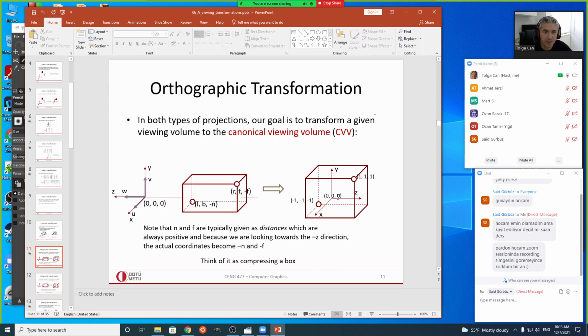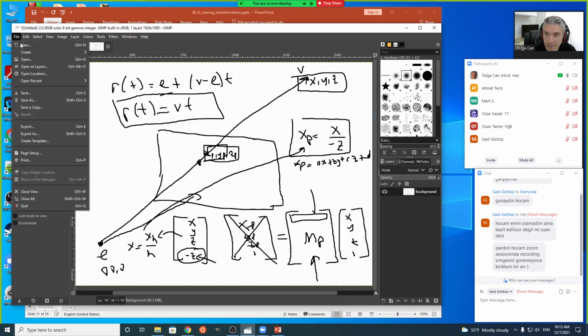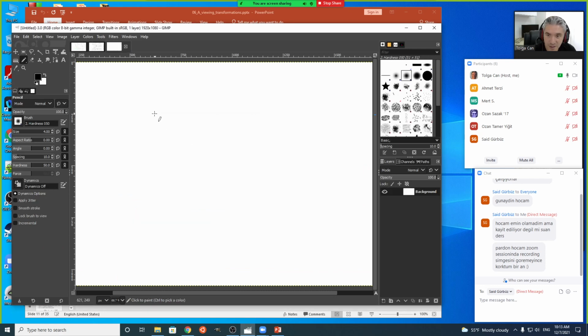So what are we going to do in this orthographic projection? Imagine we are looking at our image window from the side. This is where E is. I have some point X, Y, Z here, and my image window is at, for example, Z equals -2.